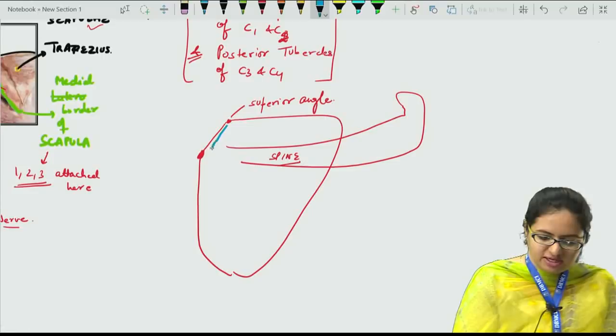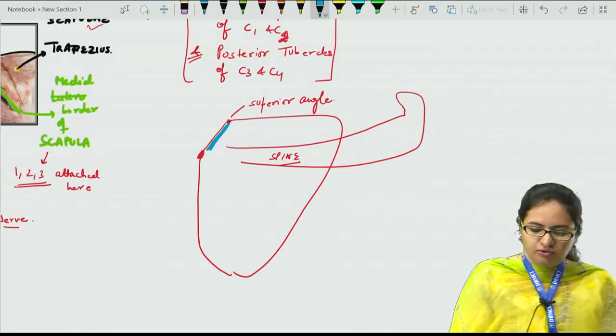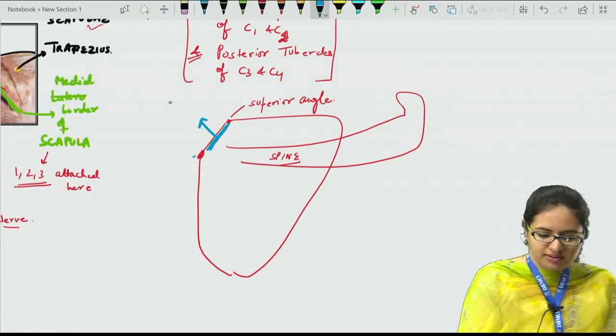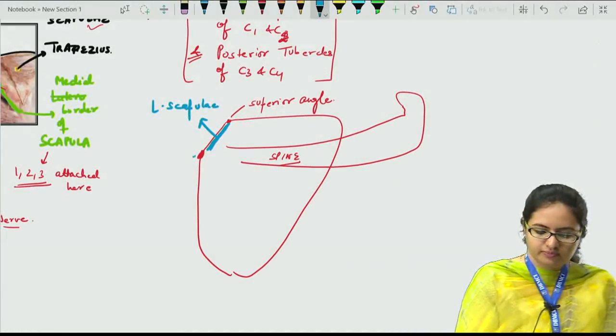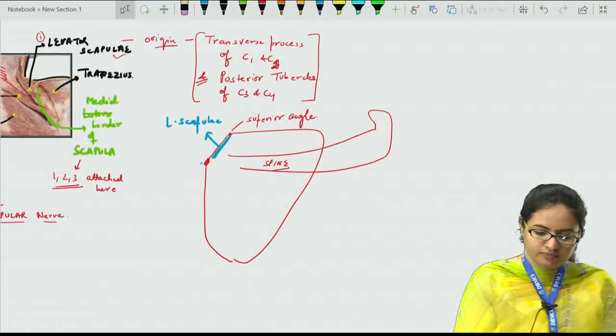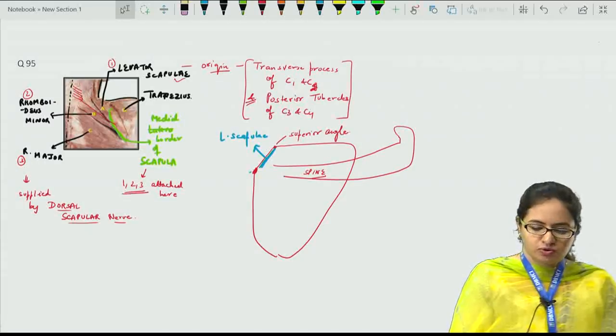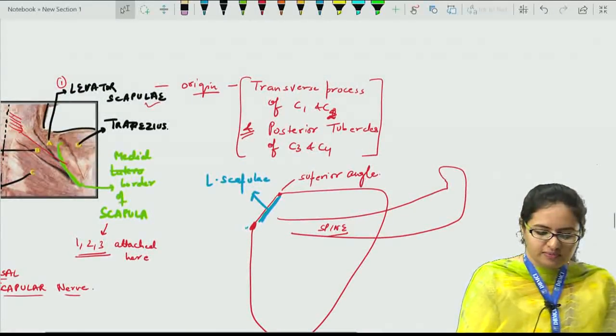The levator scapulae inserts over here, that is to the area above this point which is opposite the spine of scapula and below the superior angle. This is the insertion of the levator scapulae muscle. This muscle is responsible for the elevation of the scapula.